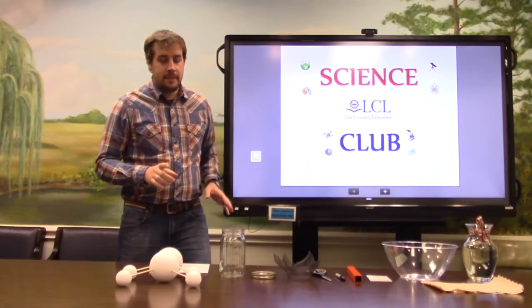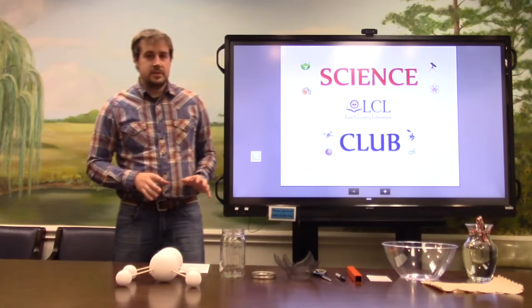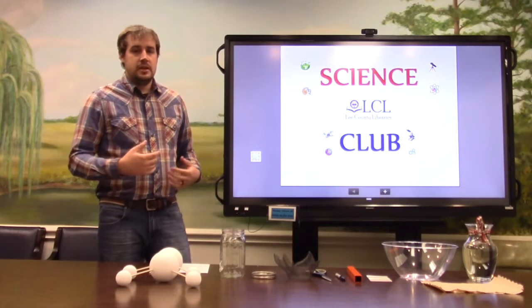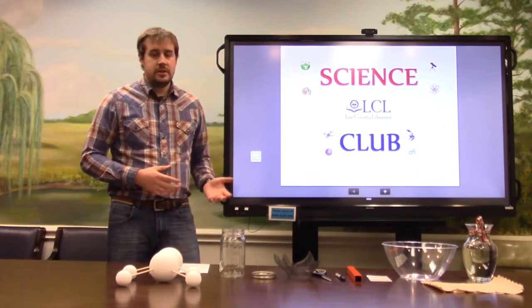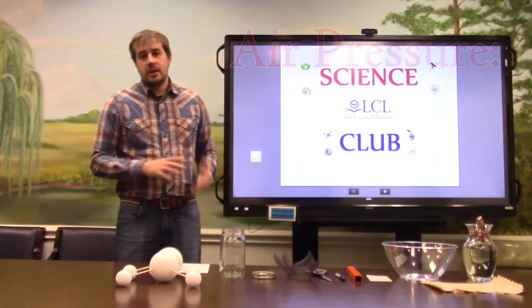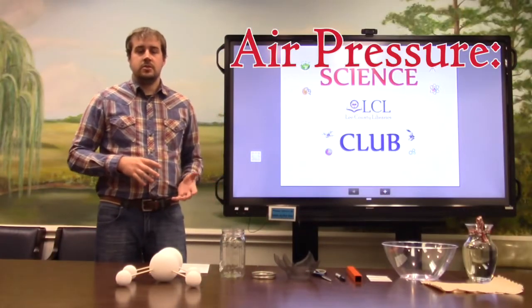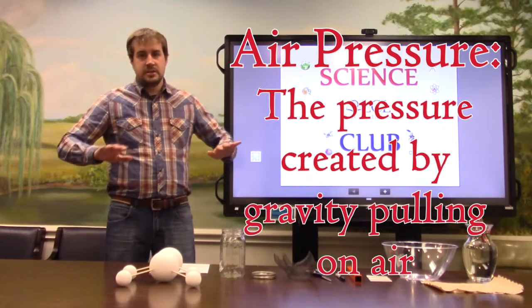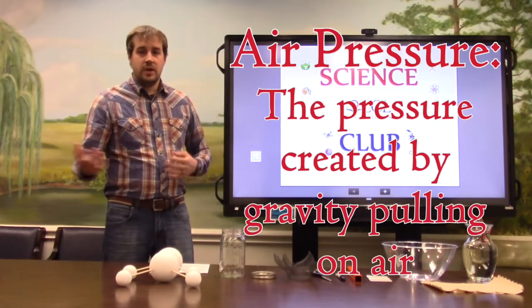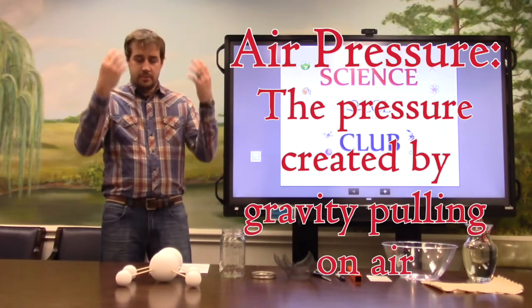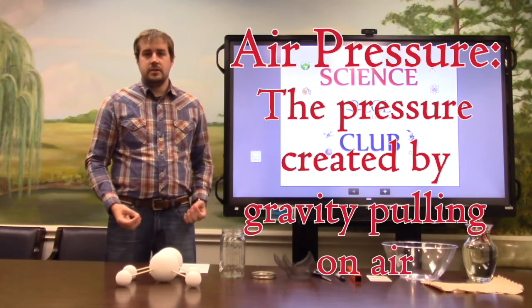You ready? So, the concept that we are using to make this happen is a combination of air pressure and surface tension. Now, air pressure is the way air pushes against objects around it. So right now, in this room, the air molecules are all being pulled down by gravity.